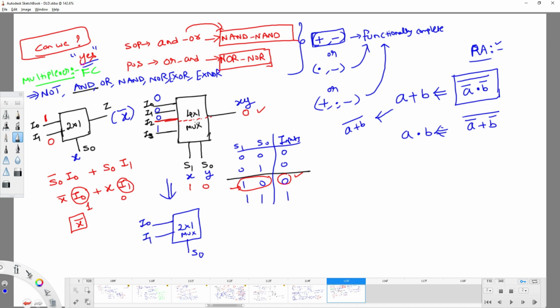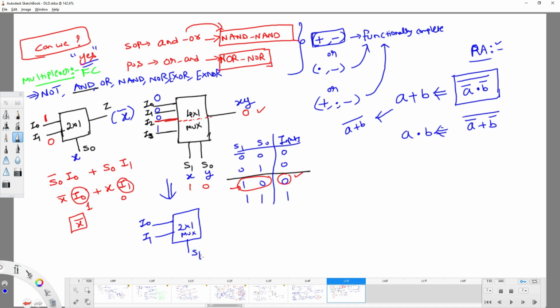Now how can we convert the same properties from a 4 by 1 mux to a 2 by 1 mux? Let me consider, for timing, I will try to construct it for I1 so that it is easy for you.